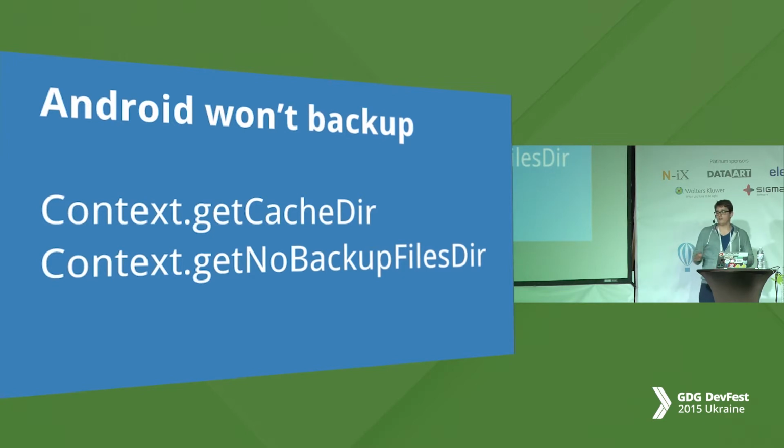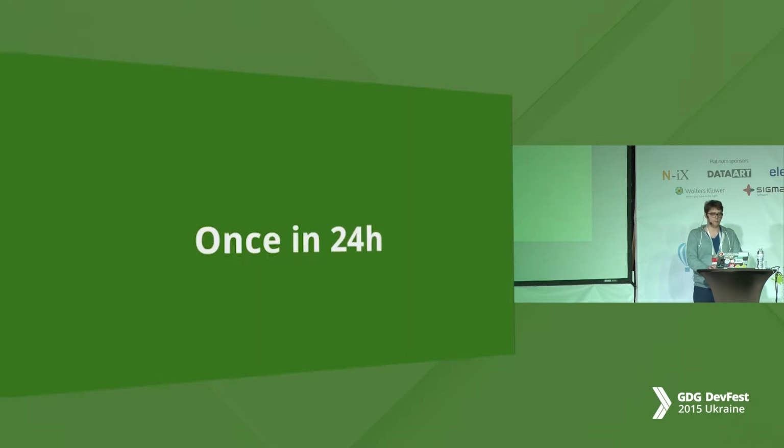So you should never use hard-coded paths inside of your app, for example, to reference the no backup files directory, because they may change over future Android releases, and this might break your application behavior. You should always use those methods. If you want, for example, to put some thumbnails cache for your application that will not be backed up using Android backup.